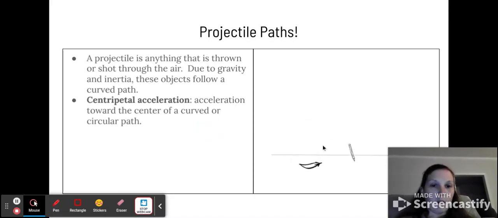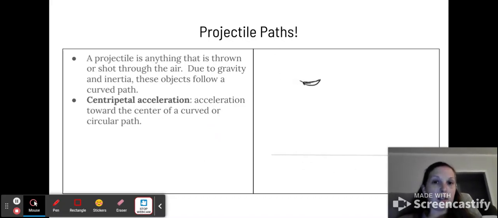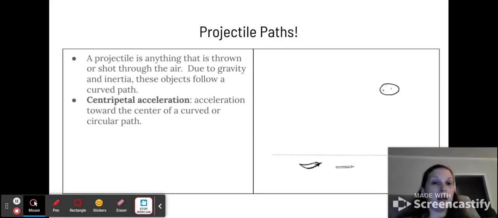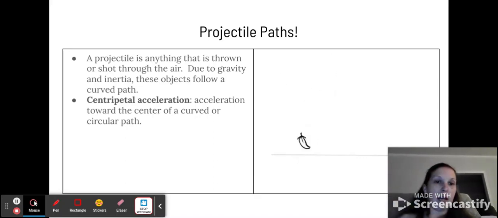If you look over here, the feather is the lightest of these three objects, which means it's got more of a curved path as it falls. It's experiencing more force acting on it. The pencil is a little bit heavier, so its path is a little bit straighter, but you still see that it falls at an angle, and then the rock just falls straight down.